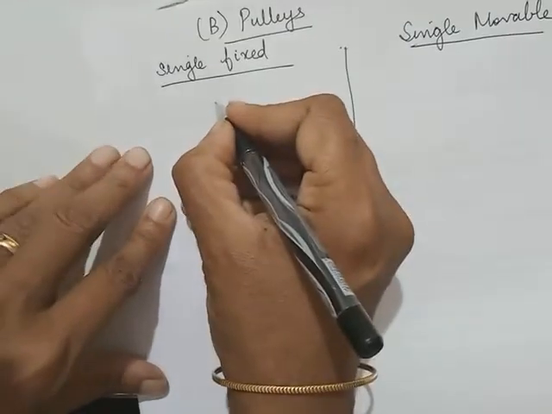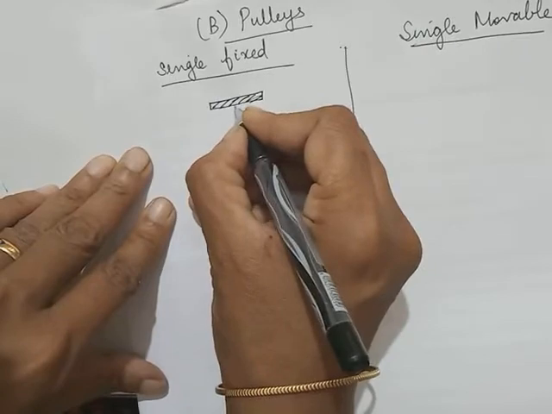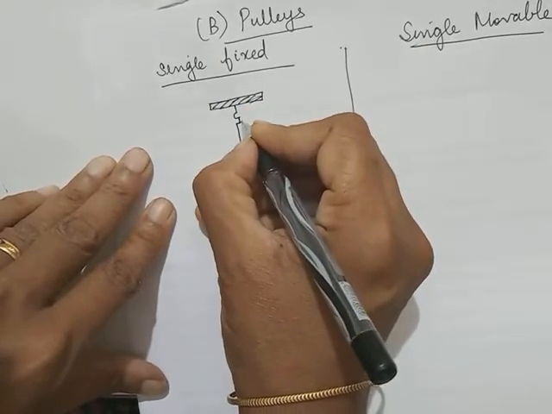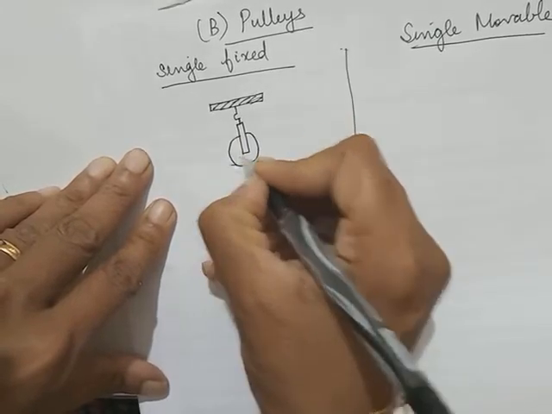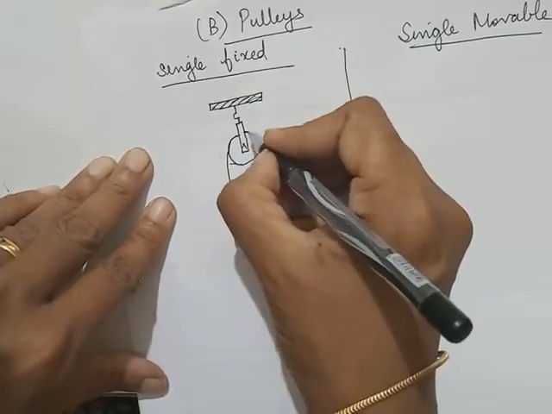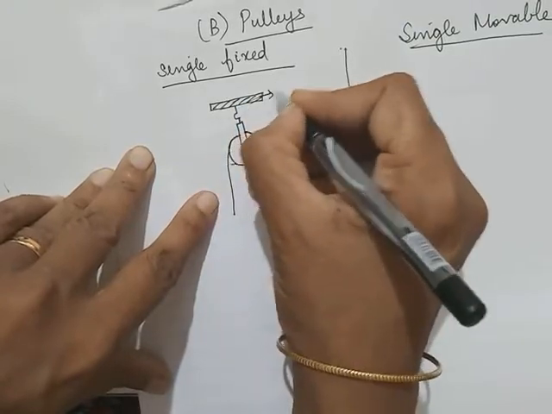Now, single fixed pulley means you will have a fixed frame, and the pulley, this is the axle. So the axle of the pulley is fixed to this fixed frame.